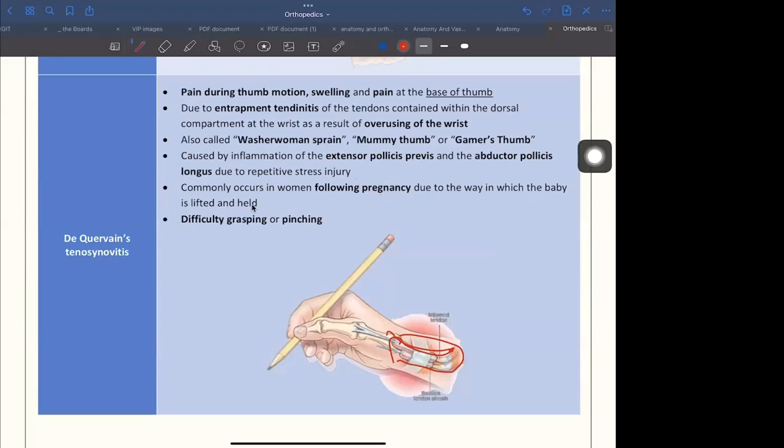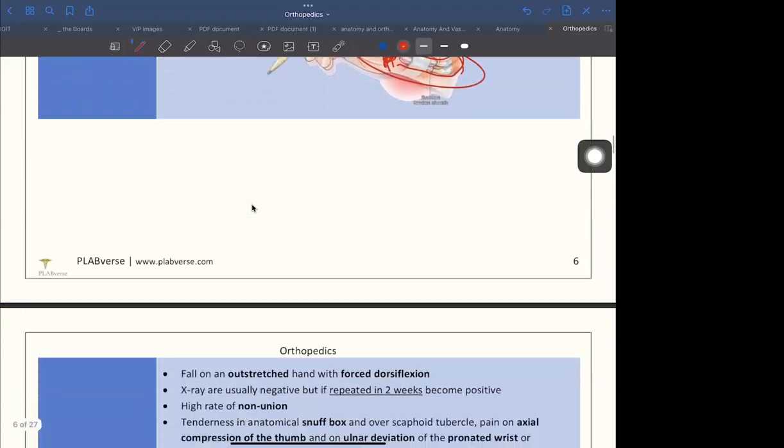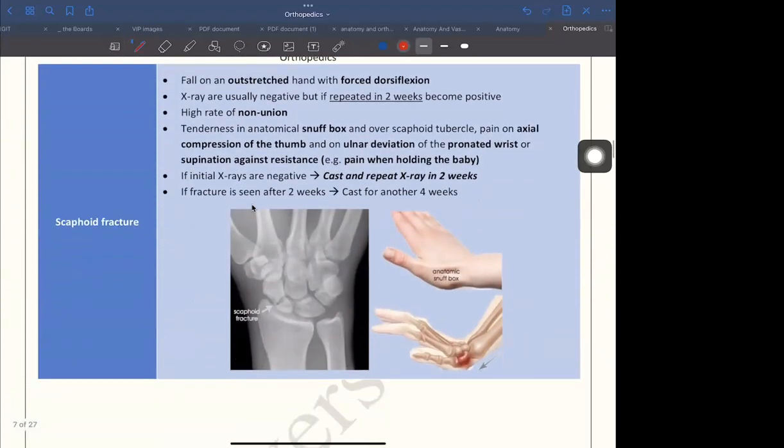Okay, so basically the muscles on the thumb are longus, brevis, longus. So you have here extensor pollicis brevis, and abductor pollicis longus is just right there. So due to overuse of this area, it leads to de Quervain's tenosynovitis.